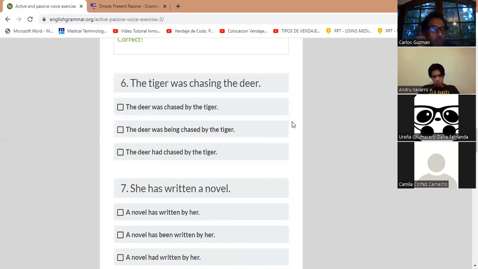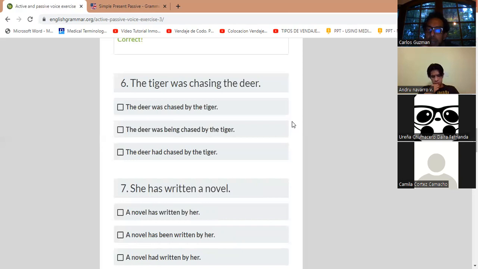Okay. The tiger was chasing the deer. The deer was chased by the tiger. So read again the active voice. The tiger was chasing the deer. So now let's see.